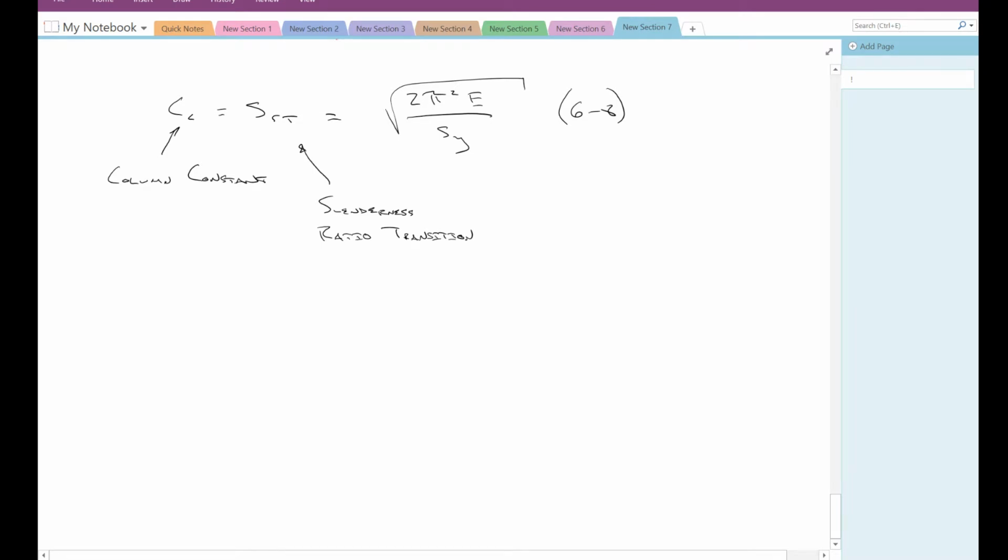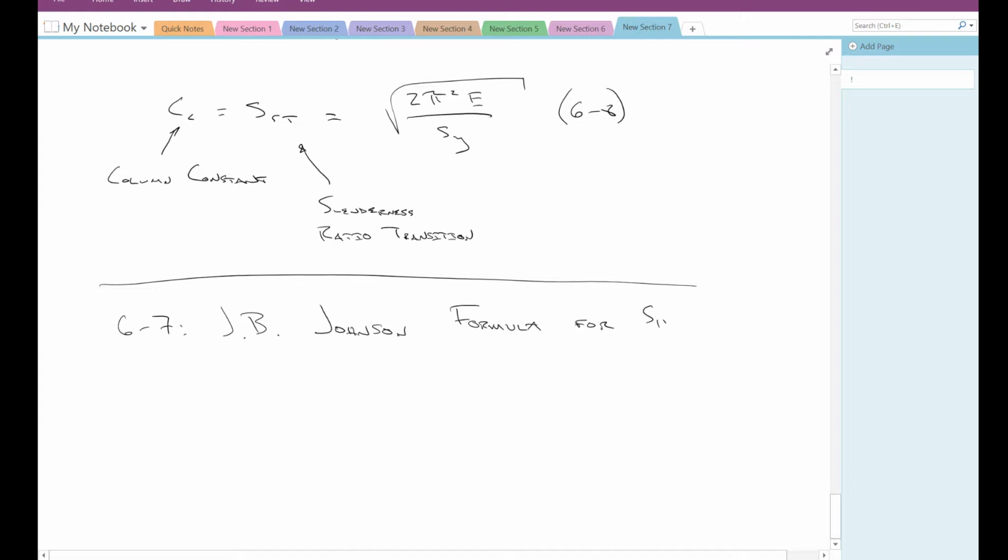and draw the equation for short columns. So 6-7 is our J.B. Johnson formula, for short column analysis.